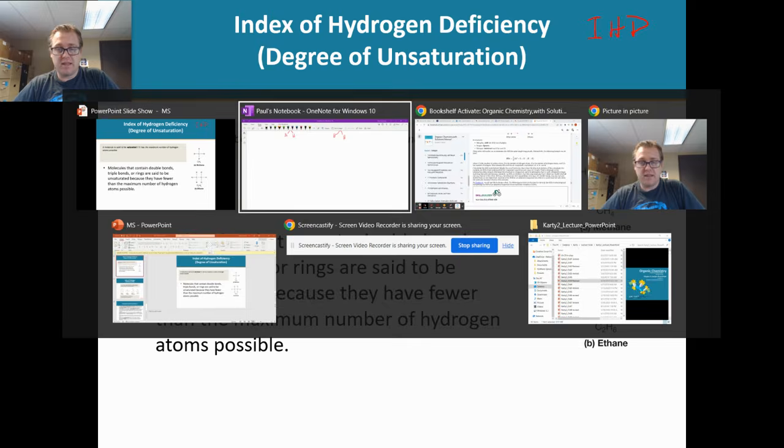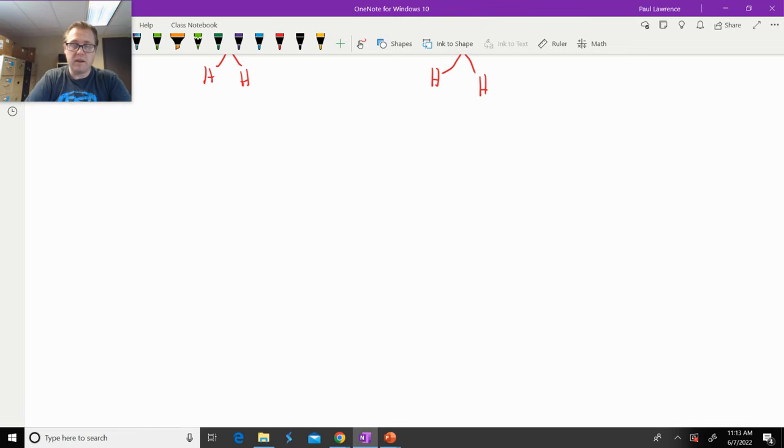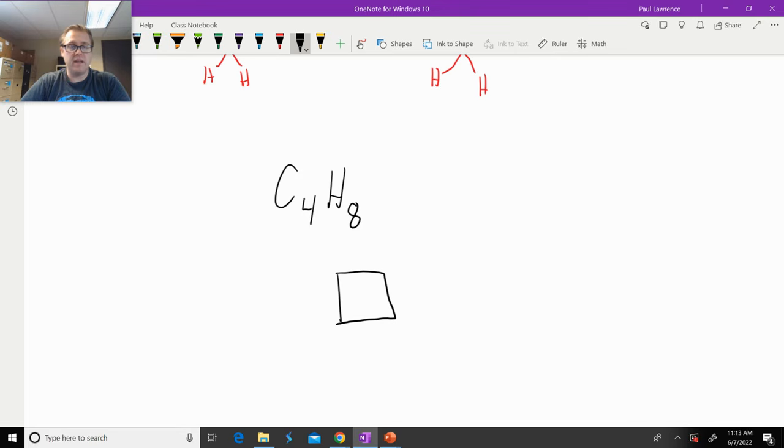Well, if I have a molecular formula like this, and I can figure out the degrees of unsaturation, that can help me determine the structure. If I have a certain amount of degrees of unsaturation, that could tell me maybe the molecule is a cyclo, a ring.